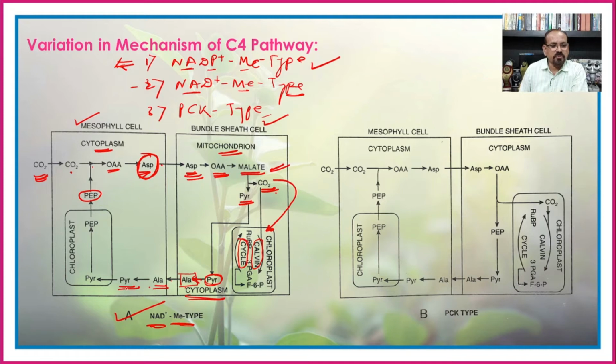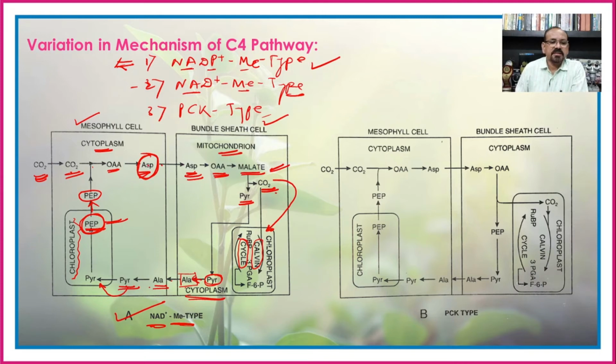So from the cytoplasm, the pyruvic acid is transported to the chloroplast. And in the chloroplast there is a formation of phosphoenol pyruvic acid. When phosphoenol pyruvic acid is formed inside the chloroplast, it is brought again to the cytoplasm and is ready for the absorption of carbon dioxide.